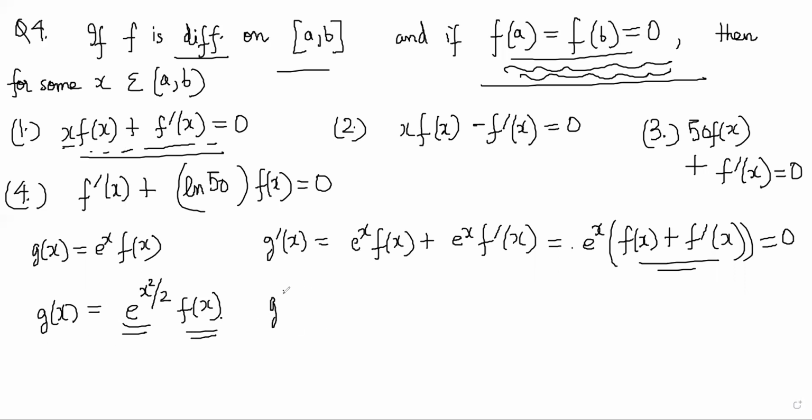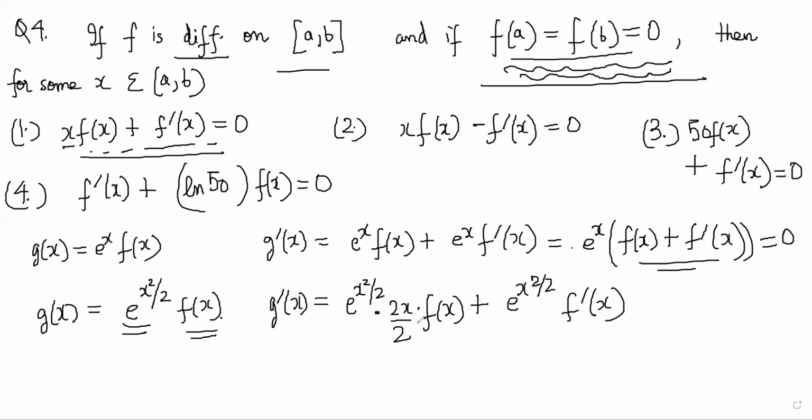Now you can do g dash x here. g dash x will be e power x square by 2 multiplied by 2x by 2 multiplied by f of x plus e power x square by 2 f dash x. So e power x square by 2 is common, and it is x f of x plus f dash x.